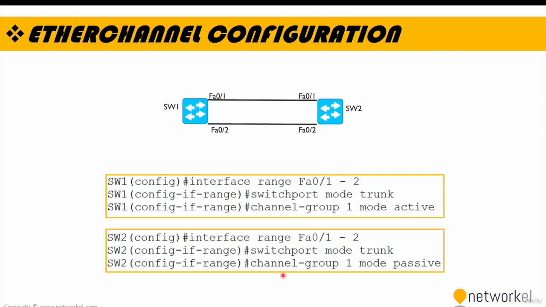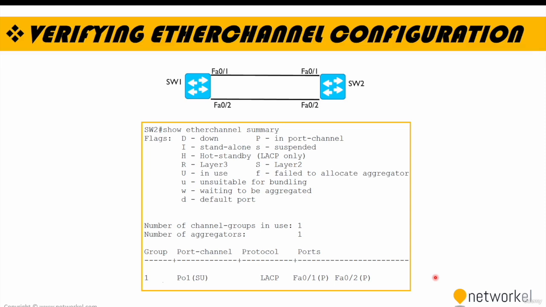On switch 2, I need to pick a channel mode that helps me establish the LACP, as you saw in the chart. For example, if I type passive in here, that will be enough to form an Etherchannel configuration. So how do I verify the Etherchannel configuration? The command is show etherchannel summary.